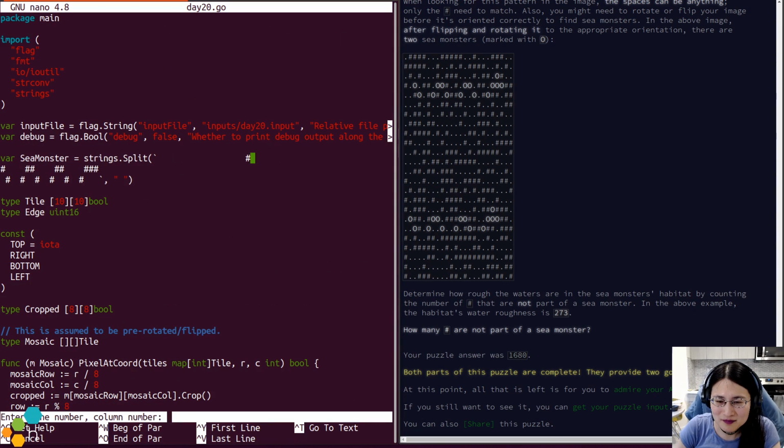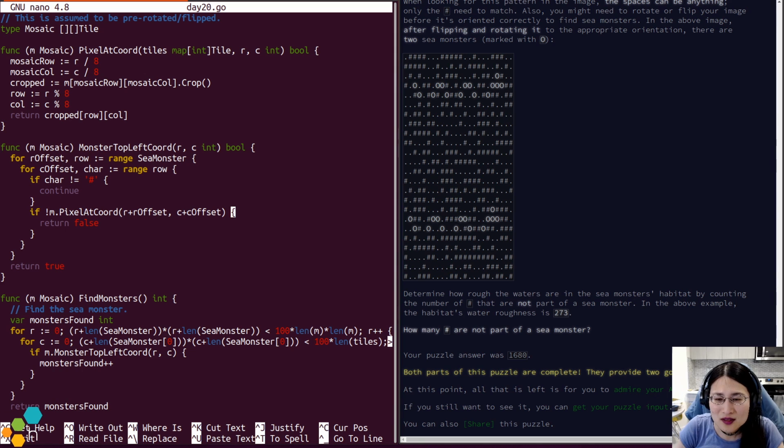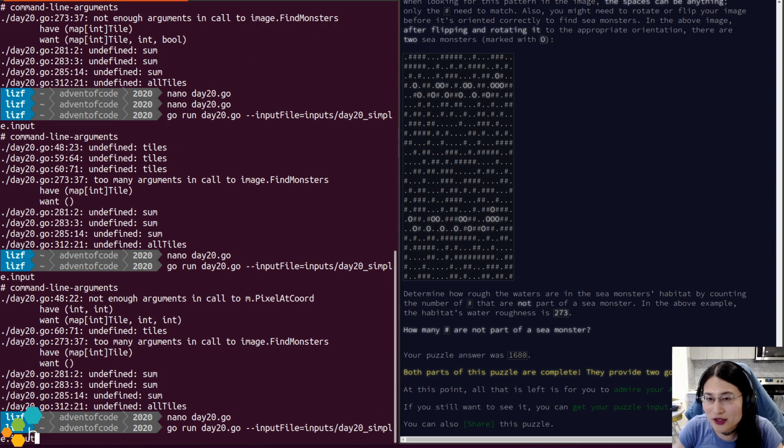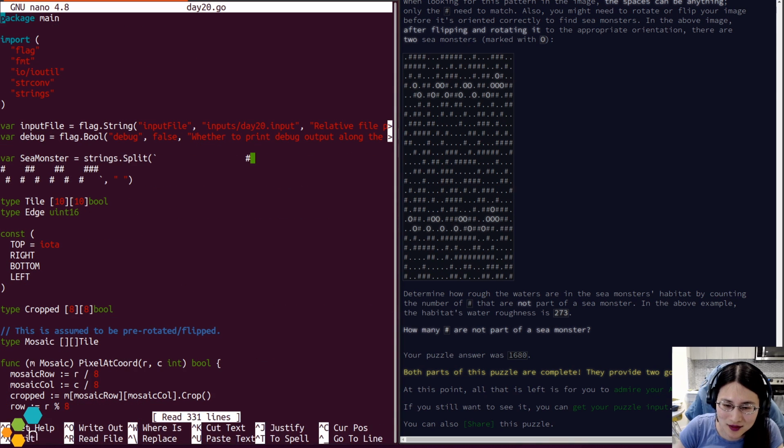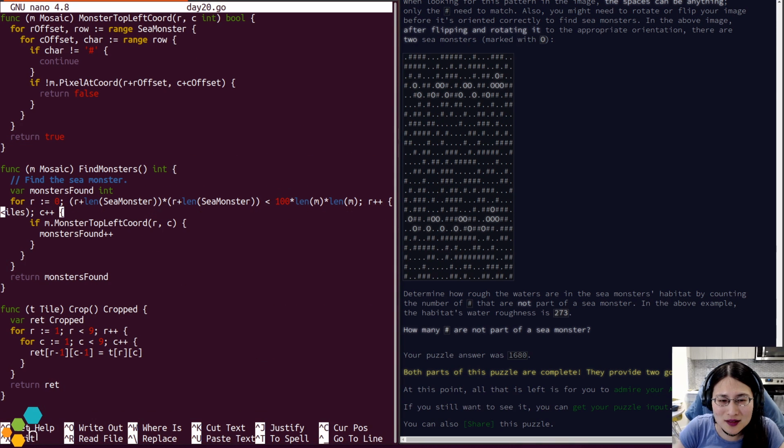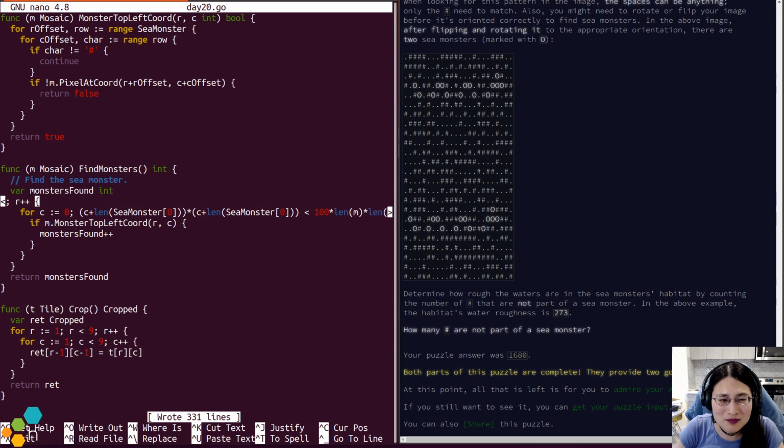Getting there. Pixel at coord. Again, we're just reading it directly. We're no longer using the layer of indirection of what's been rotated and what's not been. Getting there. Line 60. Oh, same fix. Oh, I see.